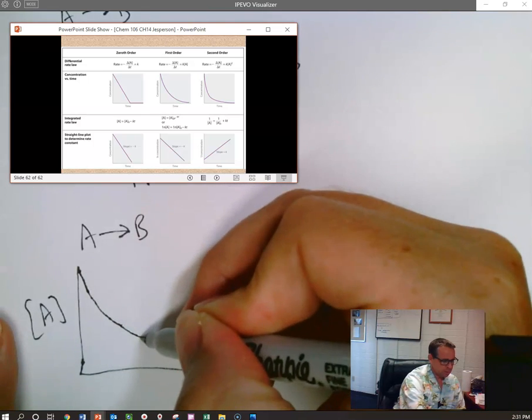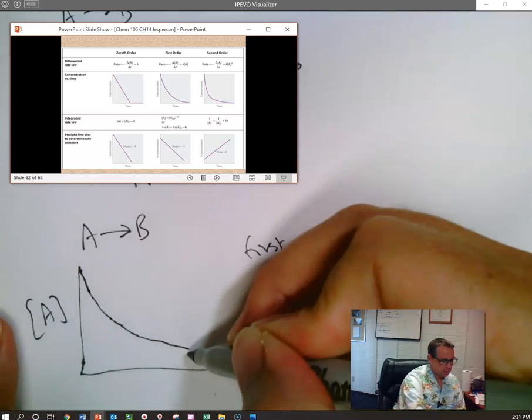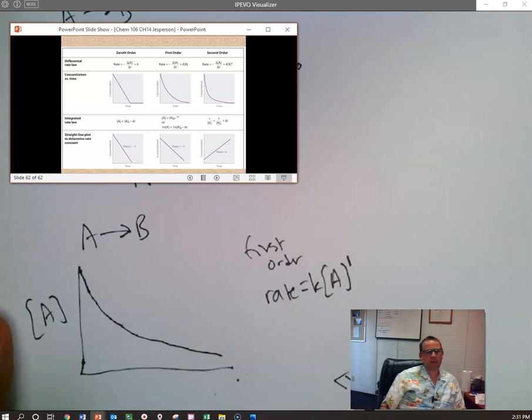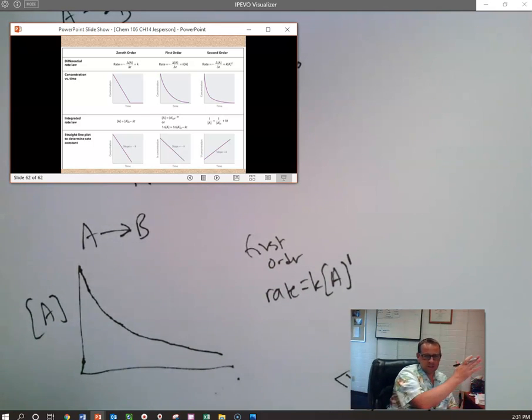The rate of disappearance will slow, and you'll get a slope that looks like that, or a line whose slope is constantly changing. All right?